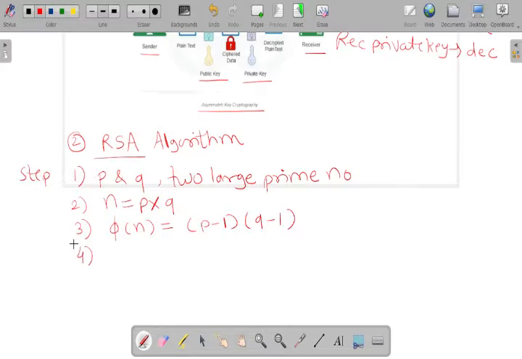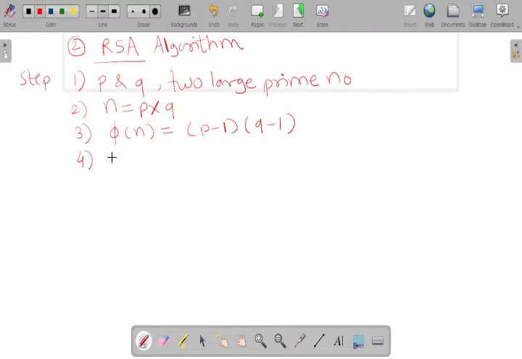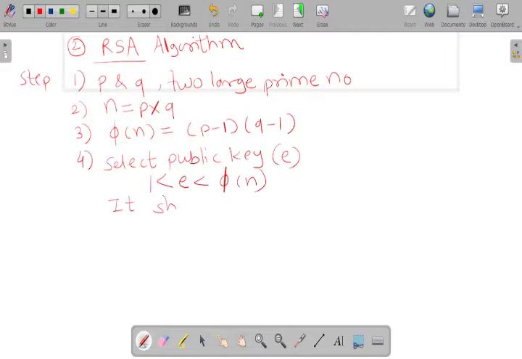The fourth step is we have to select the value of our public key. Your public key value E is between 1 less than E less than phi of n, and it should not be a factor of phi of n.